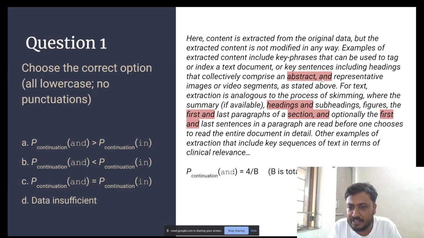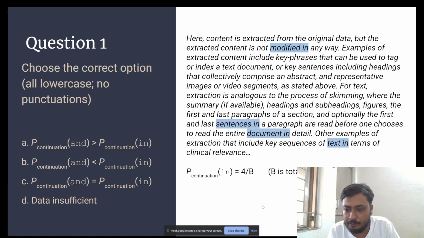So "abstract and" is one bigram, "headings and", "first and", "section and". This "first and" is repeated again, so that does not need to be counted. So the probability of continuation of this is 4 by b, where b is the total number of unique bigrams in this passage. We do not need to count b for this particular question.